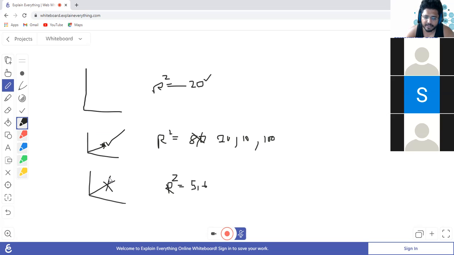So R square or Z value is a good way to know that after adding a certain parameter, my R square or Z value increased or decreased, and accordingly I will keep that variable or not. Okay, that will give you the guidance for designing your linear regression model.